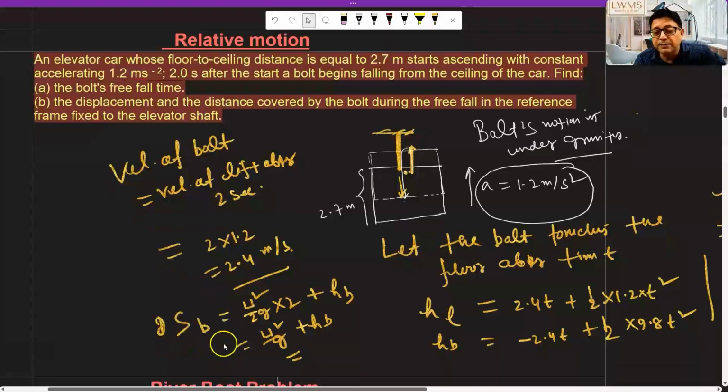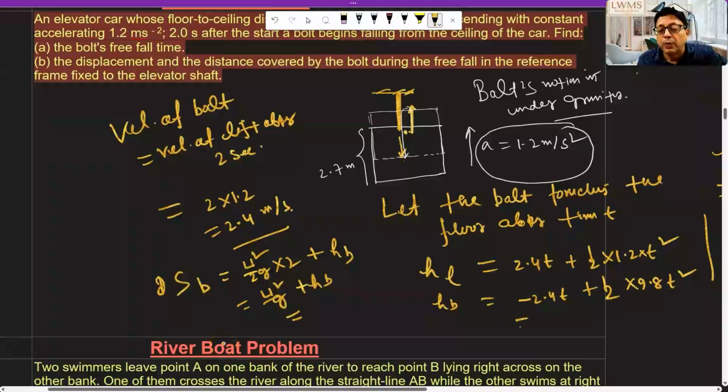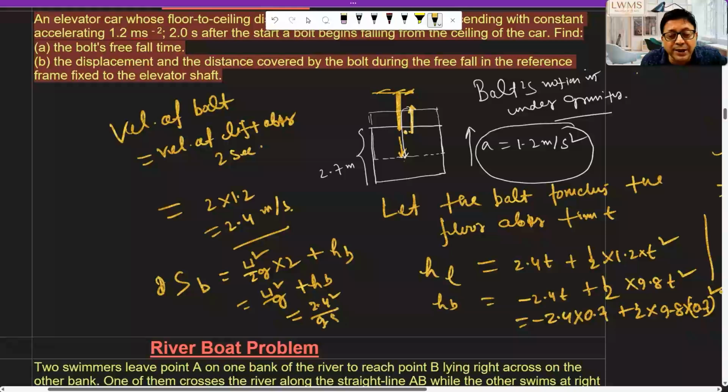Displacement also they have asked, and this is the distance. HB is the displacement. You put 0.7 over there, and this will be half into 9.8 into 0.7 squared. I hope you understand the concept. U squared by G will be 2.4 squared by 9.8, and this HB that you get, you add here. Am I correct?